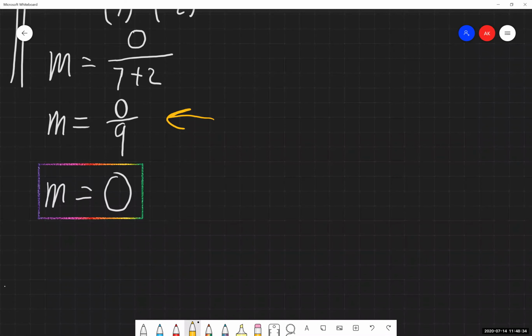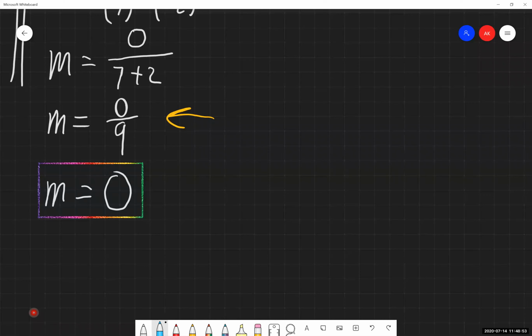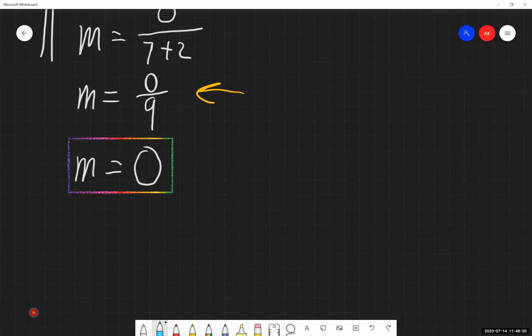You don't need to type anything in. Just think for yourself here for a quick couple seconds. I'm seeing a couple people, yeah. This is going to create a horizontal line. So a horizontal line is always going to have a slope of 0.